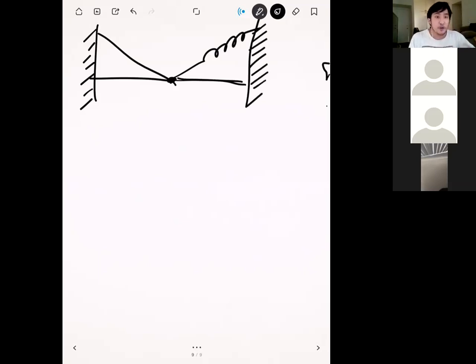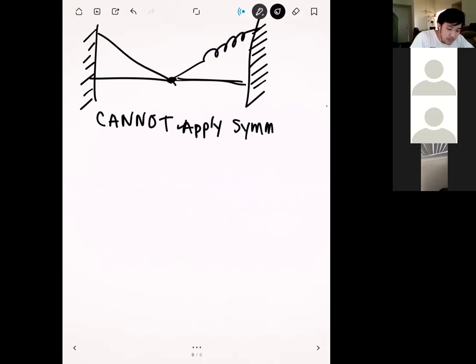So in this situation, even though the geometry itself is symmetric, and if we ignore the fact that this is a spring right here, we have a perfectly symmetric structure, right? But in this case, we cannot apply symmetry. Okay. Because even though the geometry is symmetric, the elements on both sides are not symmetric. And the reason for that is because we have a spring on one side and truss elements on the other one. And so all the elements basically have to be perfectly identical.